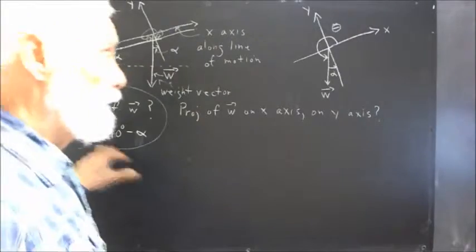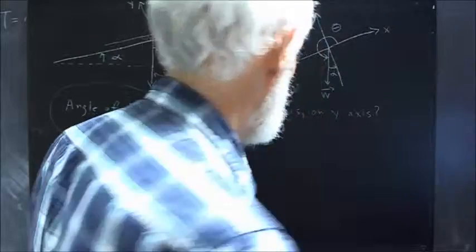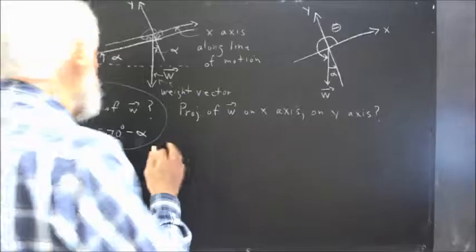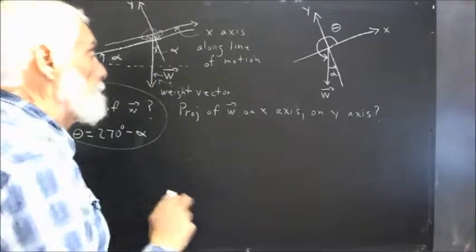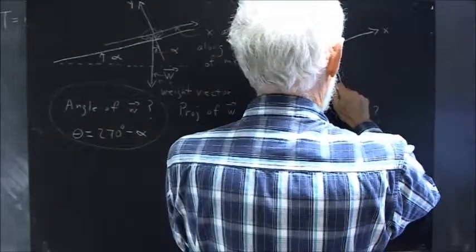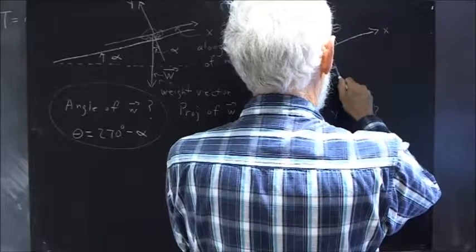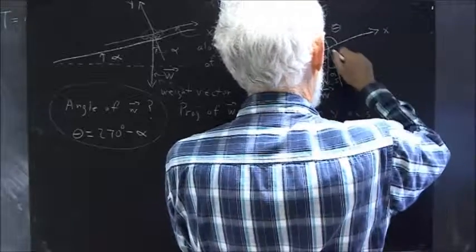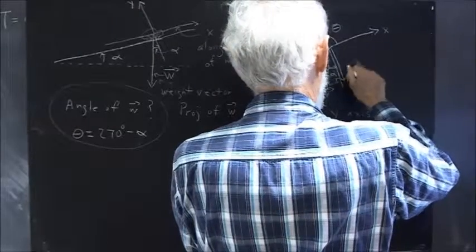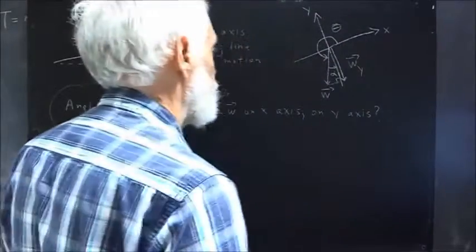Now, knowing the angle of W, we can easily calculate the projection of W onto the y-axis or onto the x-axis, but right now we're going to estimate because I haven't told you what alpha is. So let's just estimate what the projection ought to be. To project onto the y-axis, we come over here at what I hope is a right angle, and we get the projection WY.